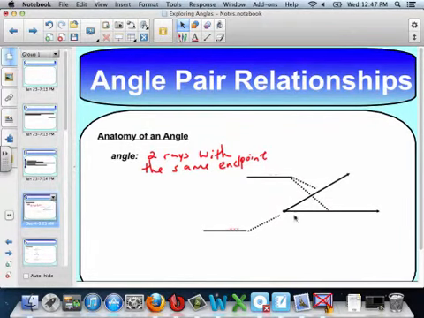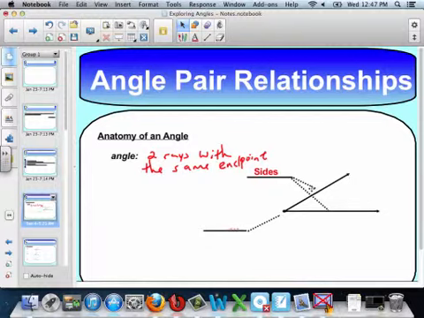The two rays, we call those the sides of the angle. Write that down. Those are called the sides of the angle. And the pointy piece of the angle.